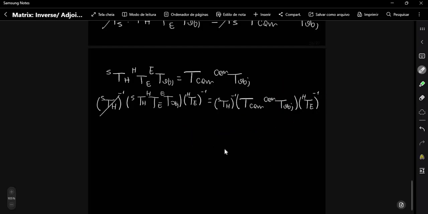Okay, so now eliminating these transformations, we are left with the following transformation equation.